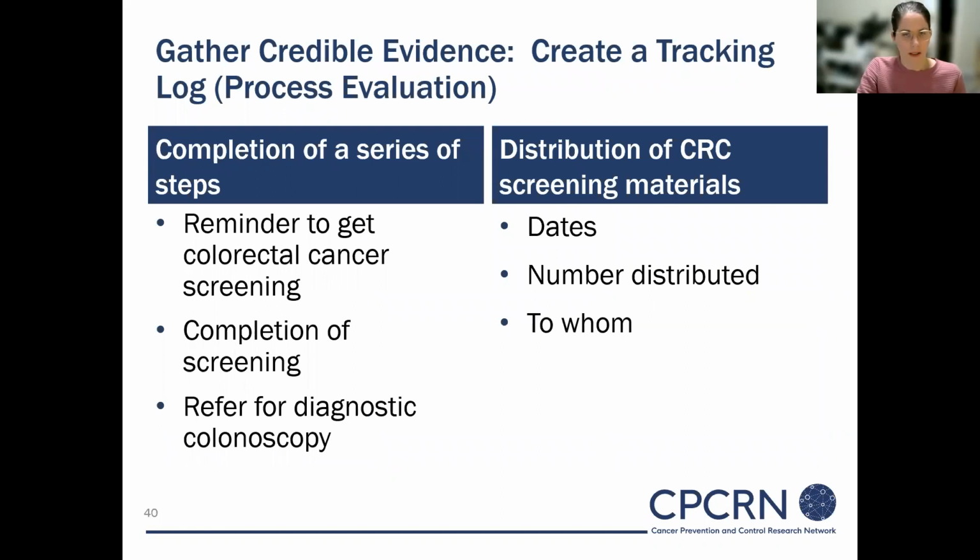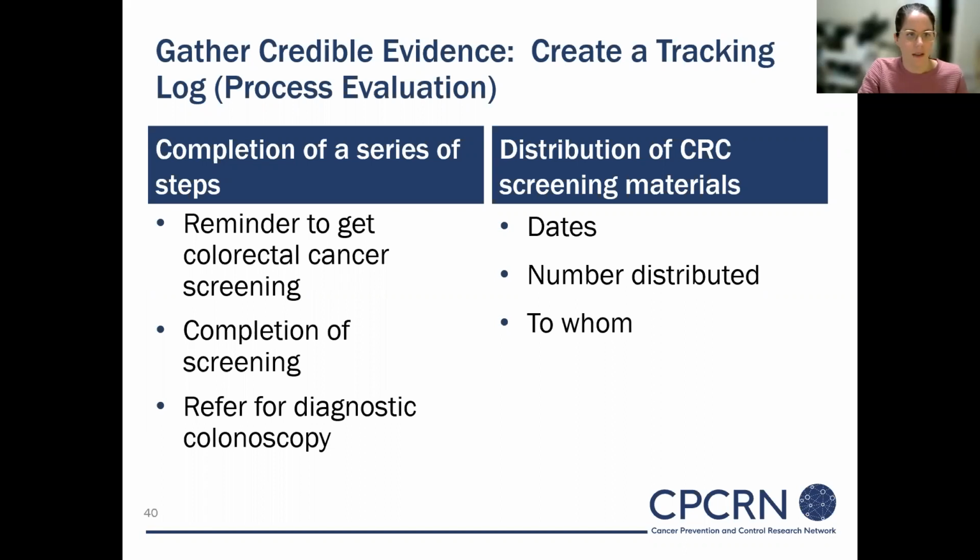So tracking logs. Tracking logs are very helpful and a straightforward method that you can use. You might create a tracking log in Excel or even just on a paper tracking log and use it to track when a series of steps in a process are completed. So I imagine many of your projects have a list of things that need to happen or something that you might be able to track.